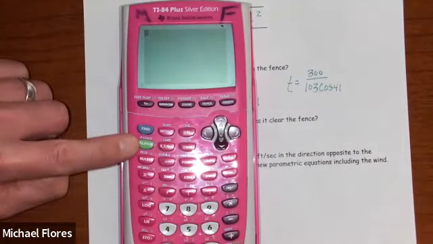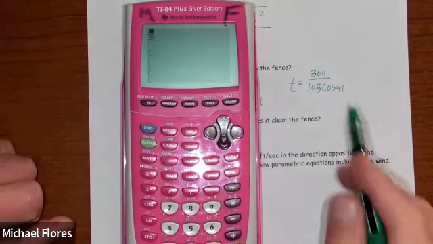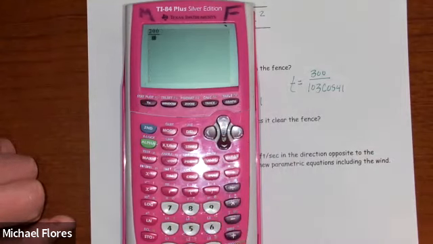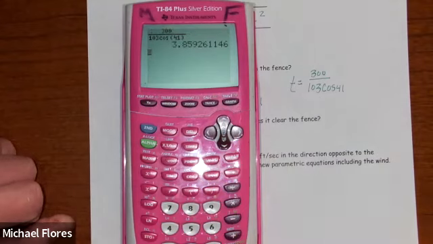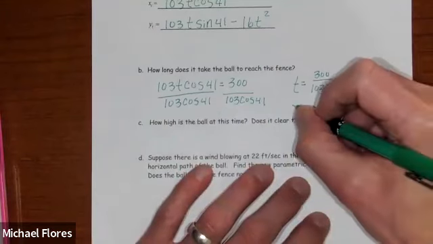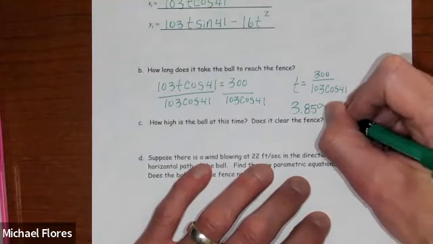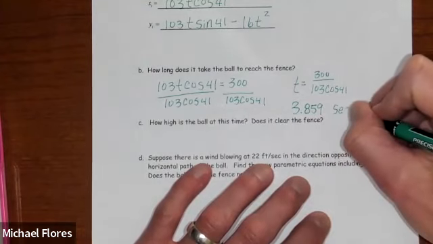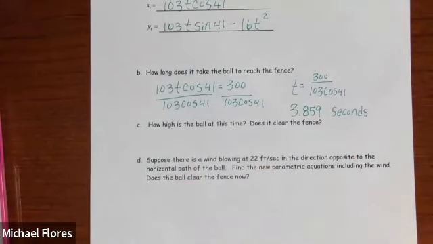Now you're going to want to use the fraction symbol, alpha, y equals, enter. Make sure your numerator is 300 and your denominator is 103 cosine 41, to get 3.859. So it's going to take 3.859 seconds.